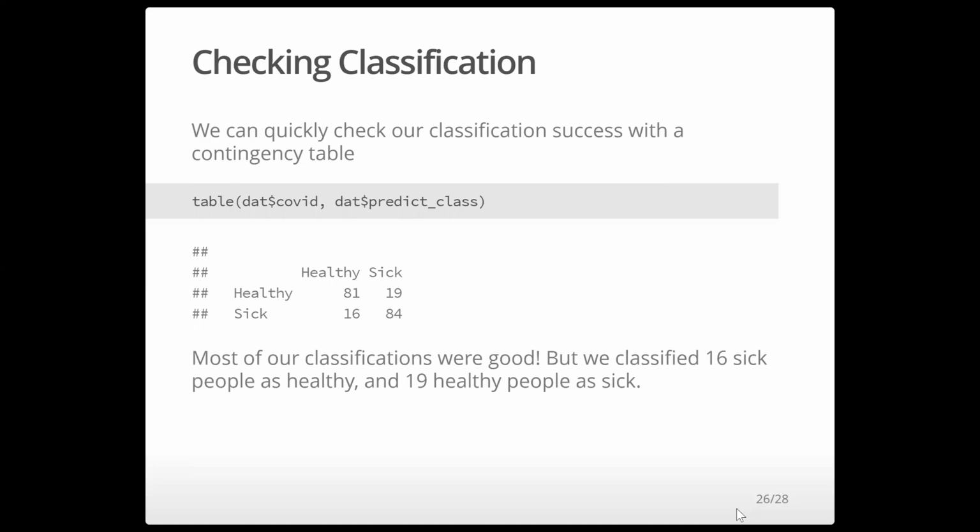Here is the contingency table, where the rows represent the actual outcomes and the columns the predicted outcomes. We can see that most of our classifications were good, but we did have some errors. We classified 16 people who are actually sick as healthy and 19 people who are actually healthy as sick.